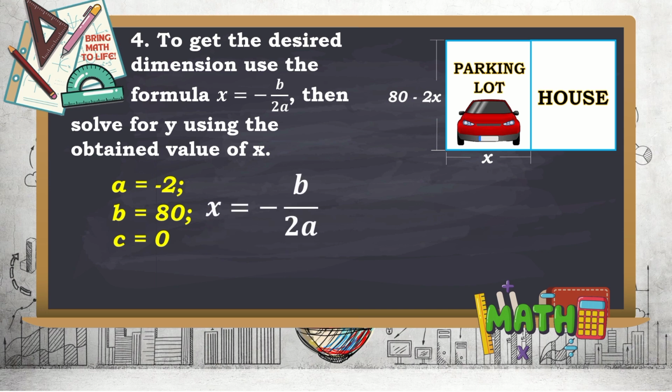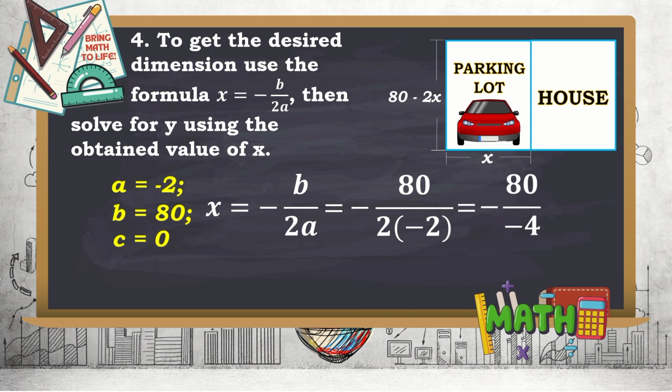X is equal to negative b all over 2a, the value of b is 80 all over the value of a, which is negative 2, times 2. Simplify it, we have negative 80 all over 2 times negative 2 is negative 4. Simplify that, we have negative 80 divided by negative 4 is positive 20.